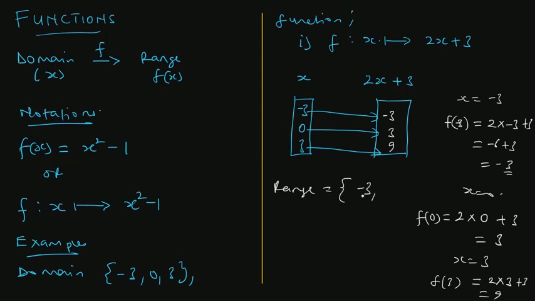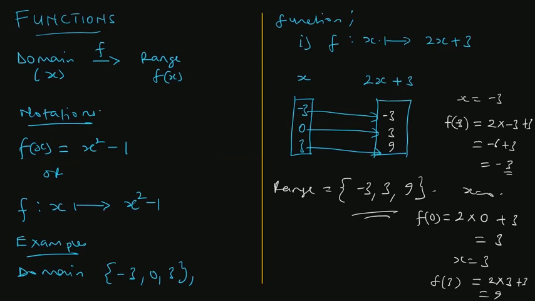You write them in the order that was given: the value that corresponds to -3 is -3, the value that corresponds to 0 is 3, and the value that corresponds to 3 is 9. That is simply how we get the range given the domain and the function.